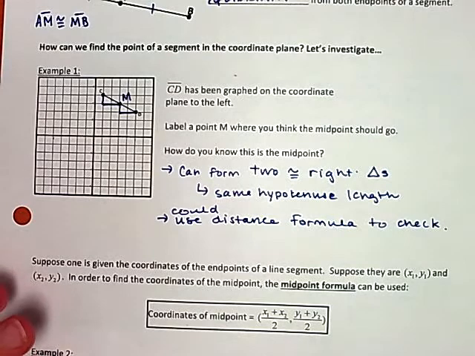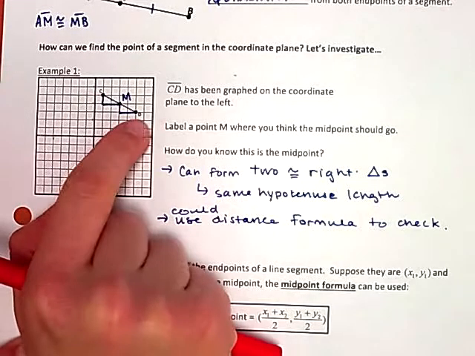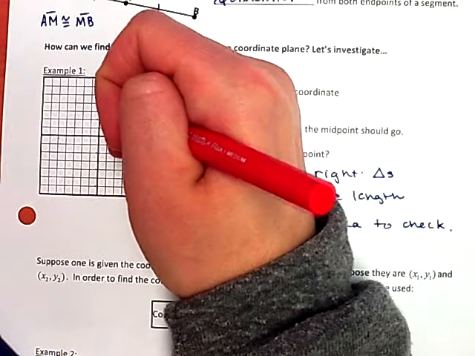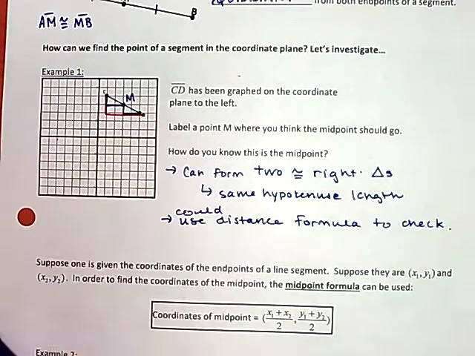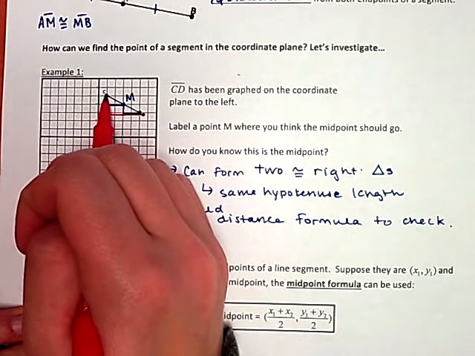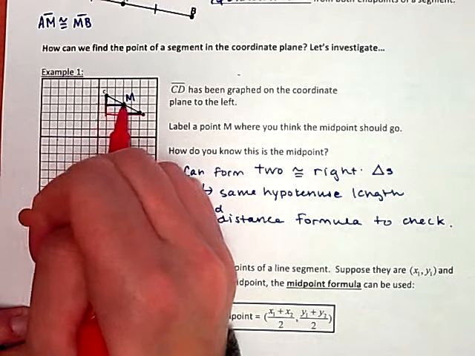Okay. So the big idea here is, and I don't know if you can see it, that if I want halfway between point C and D, and I draw the big right triangle that goes from point C to point D, I'm trying to use a different color, hopefully it shows up. Notice that the change in x from C to D is 2, and to get to the midpoint it's only 1.